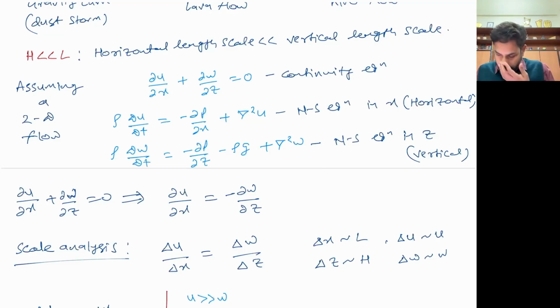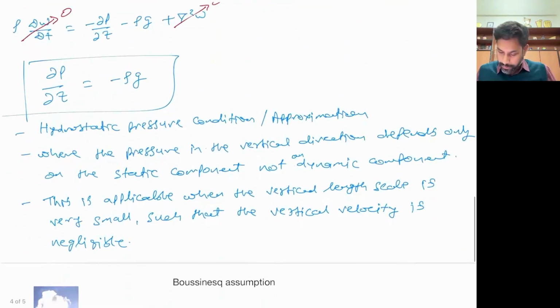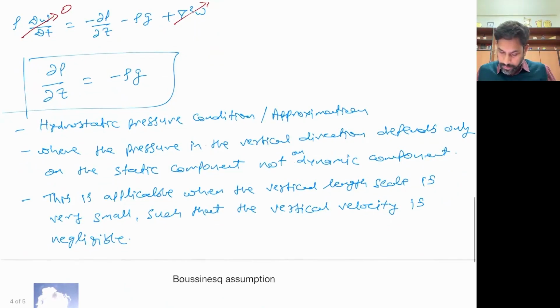Okay, so that will give you a simplified Navier-Stokes equation in the horizontal direction. Okay, so this assumption or approximation we are going to use in some cases, especially when we deal with a flow with much larger aspect ratio.